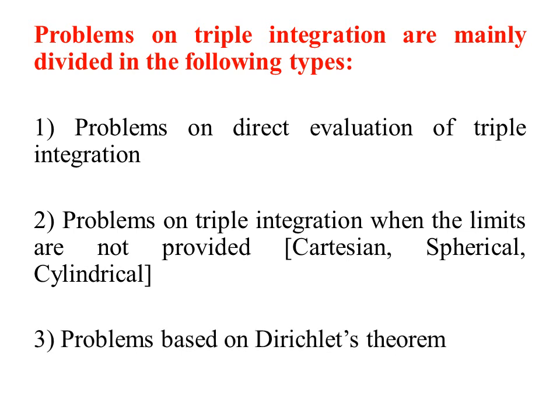And the third category is problems of triple integration based on Dirichlet's theorem. So including all of these three categories, we are going to elaborate a few problems further. Let us now start with type 1 of problem, based on direct evaluation.